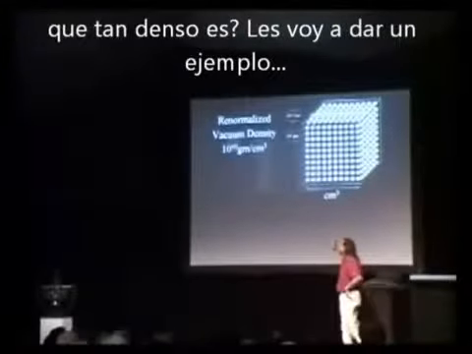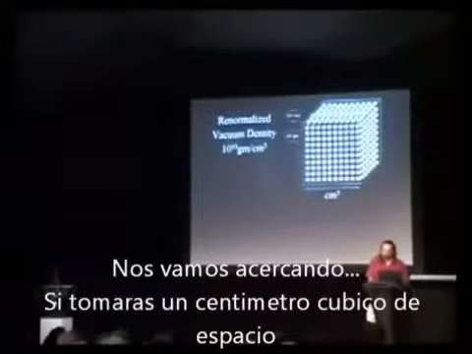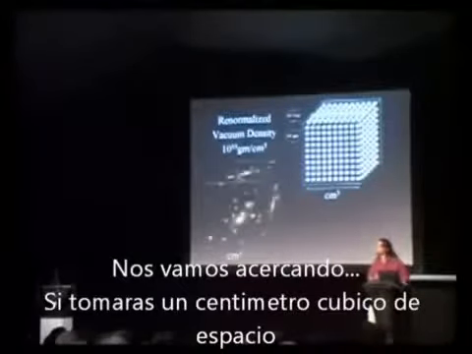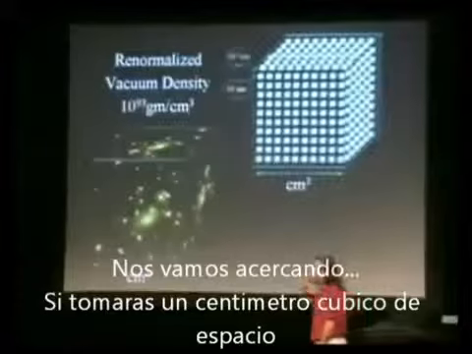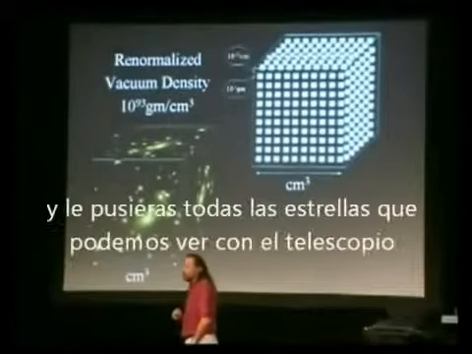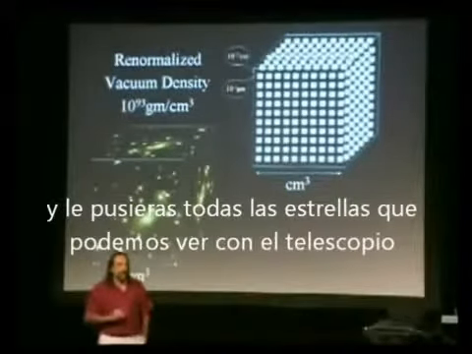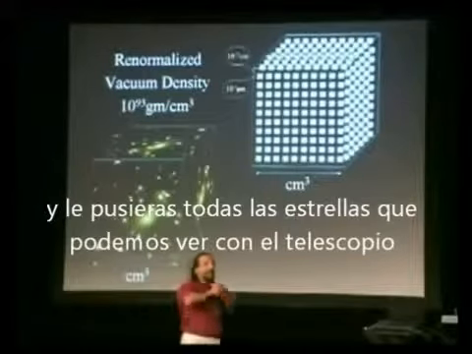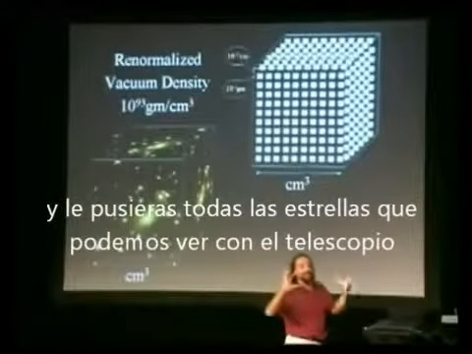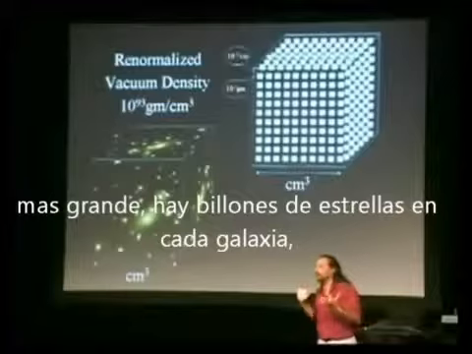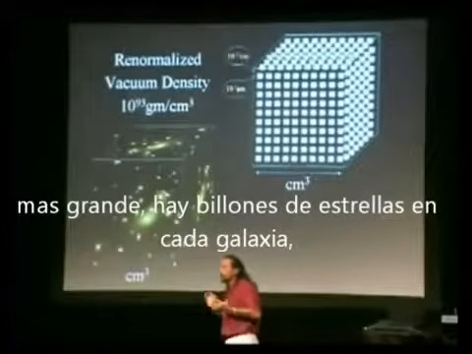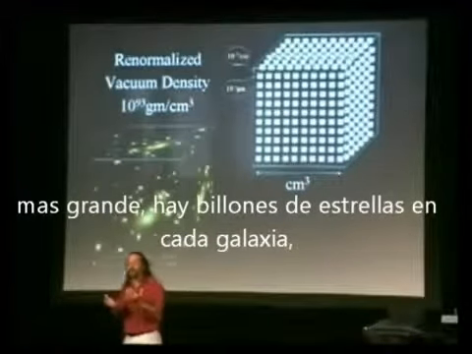So how dense is that? Let me give you an example. I'm getting there. If you take a centimeter cube of space and you were to take all the stars in the universe we see with the largest telescope, billions of stars, right? There's billions of stars per galaxy.